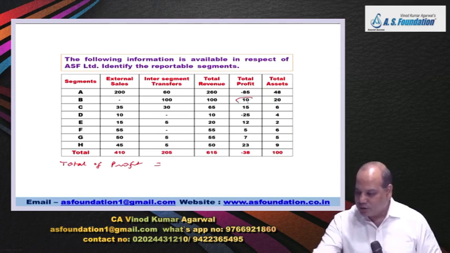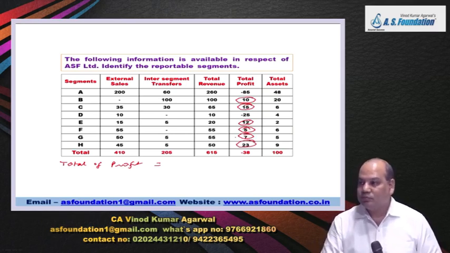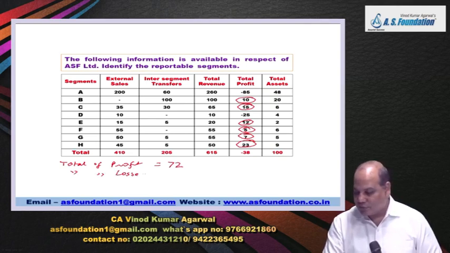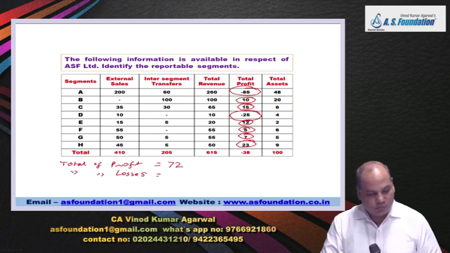Take on your calculator. 10, 15, 12, 5, 7, 23, 72 only. Total of losses 85 and 25. 110. Is it 110? Higher of the two.